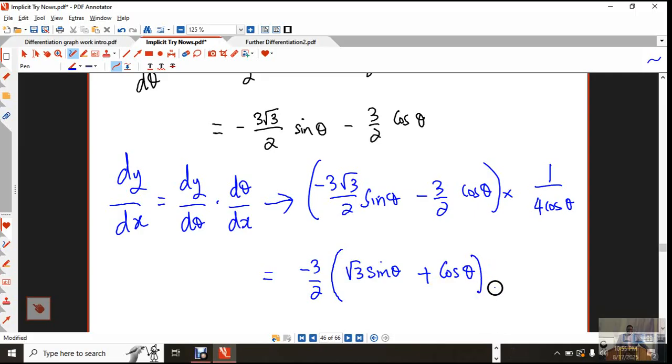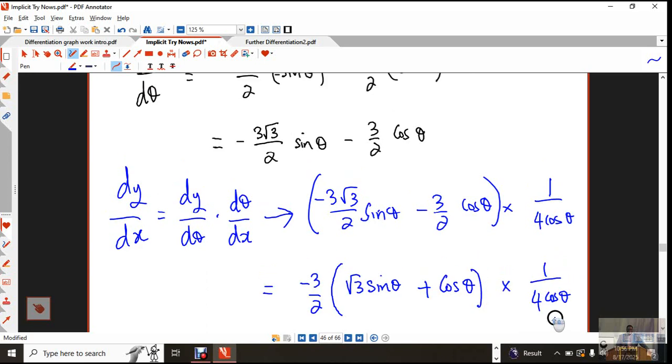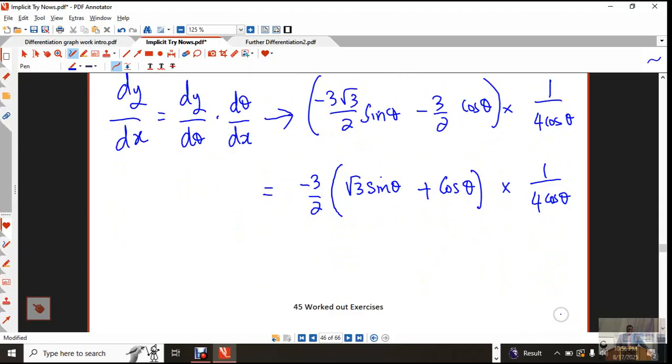So this is obviously going to be multiplied by 1 over 4 cos theta. Right. What else is there for me to do? Now, obviously, it's going to be numerator times numerator and denominator times denominator. So at the end of the day, the negative 3 over 2 and the 1 over 4, I can grab them out, saying I'm going to have negative 3 over 8.